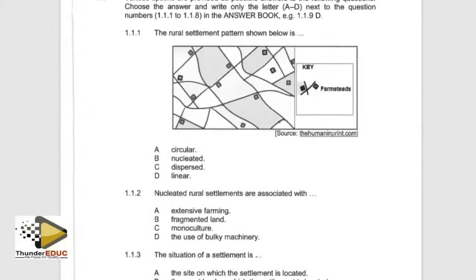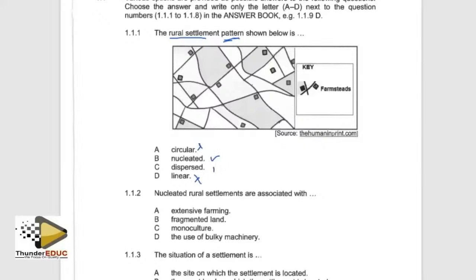We're looking at 1.1.1. The rural settlement pattern shown below is rural. We are looking at the pattern. Remember, when you talk about pattern, we are only concentrating on two aspects, and that is nucleated and dispersed. So circular and linear are out.